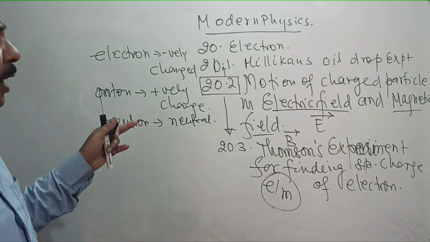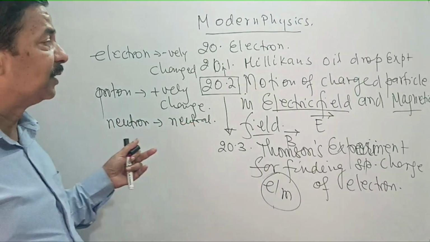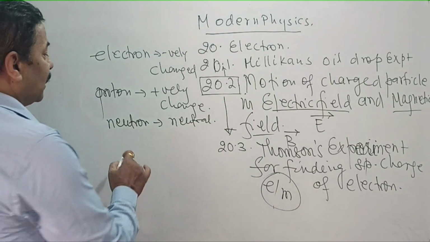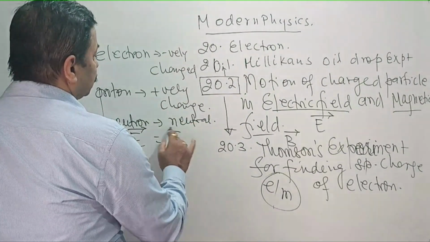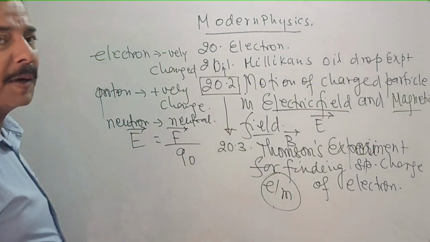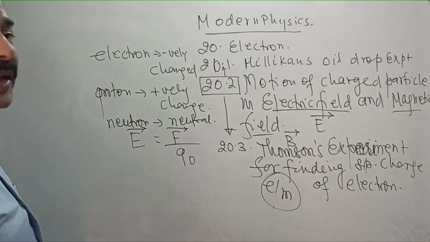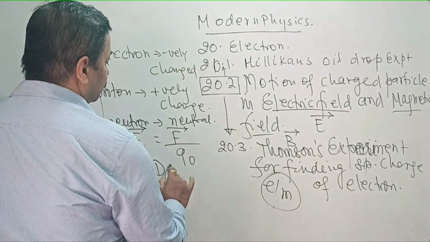So first we should understand the electric field. Electric field, as you have already read in class 11th, is force per unit test charge. This is the electric field definition.